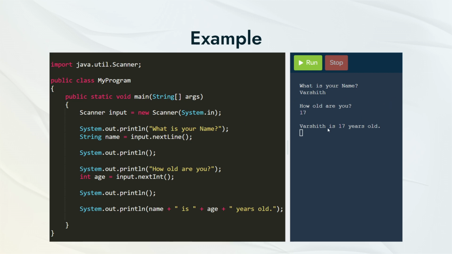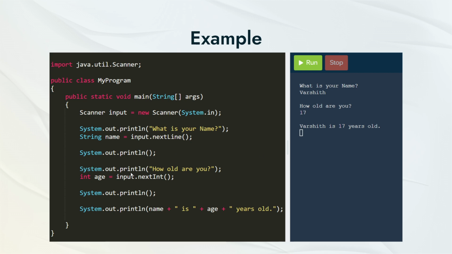The console is not only used for output, it can also be used for input. So when I write a print statement saying, what is your name, I have a String name equals input.nextLine. What that does is it takes whatever I type in the next line and stores it in the variable name.